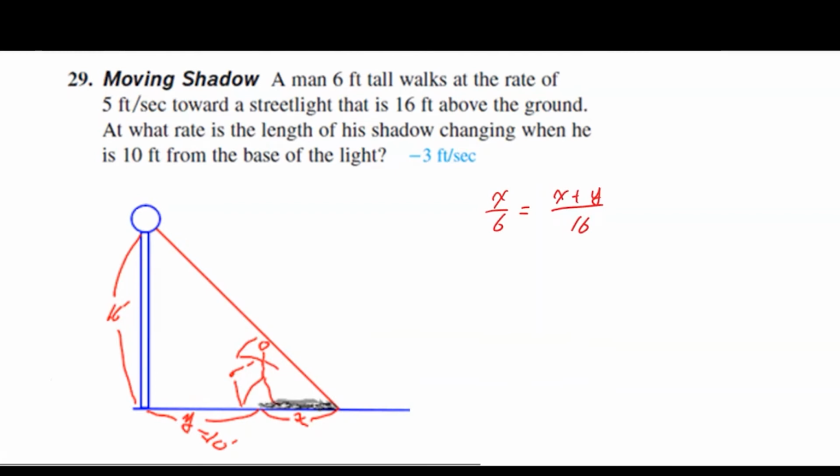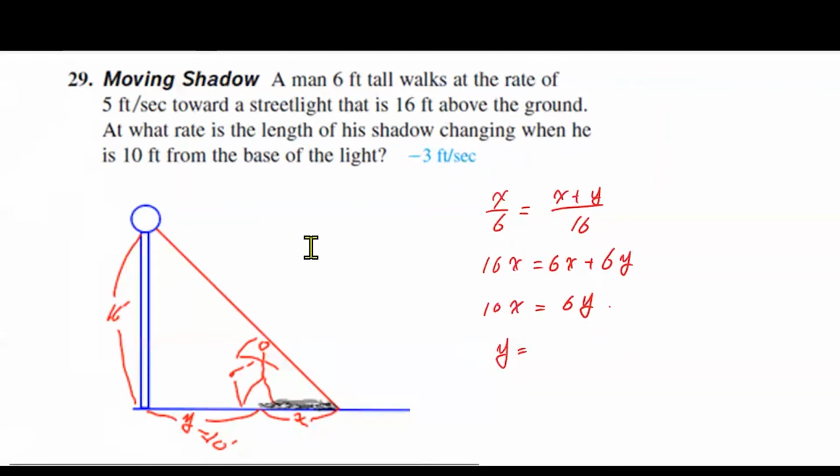We can take a derivative on both sides, but what happens if we just cross multiply, right? Then I will have 16x is equal to 6x plus 6y. So I have 10x is equal to 6y. Take a derivative on both sides now. We are trying to see dx over dt, right? How fast is this changing?